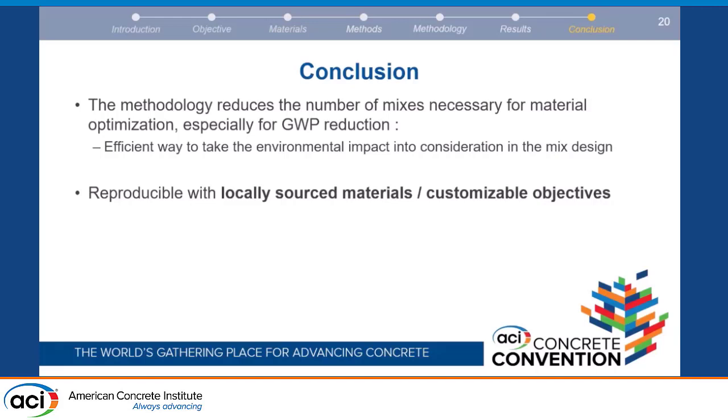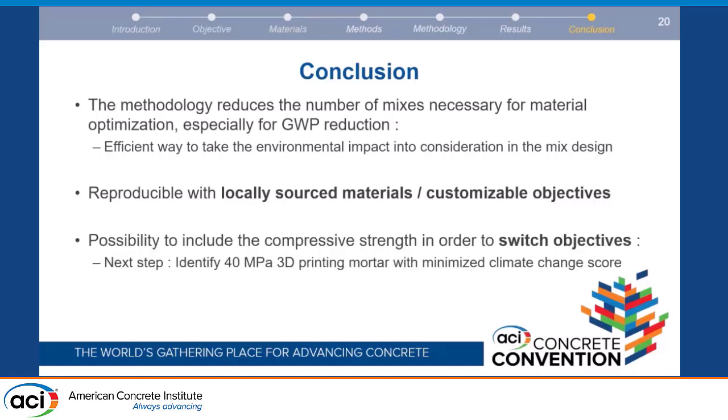So let's say we want to design a 2K 3D printing system material. We could concentrate on the flowability and the reactivity with accelerating admixtures. And now the next step is to include the compressive strength in the optimization in order to switch objective and identify a higher strength 3D printing mortar with minimized climate change score.